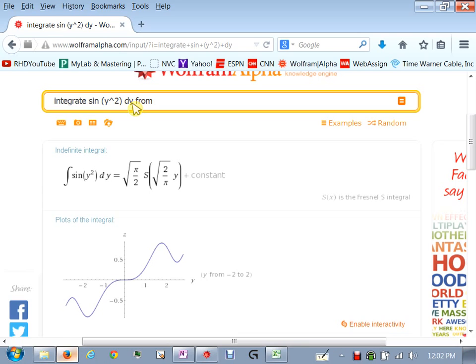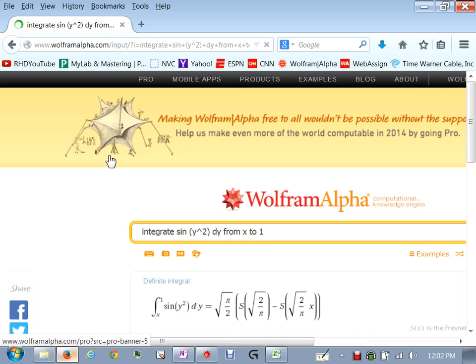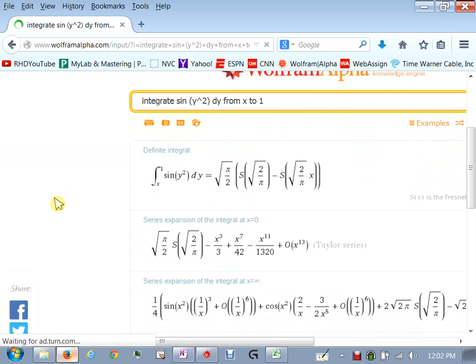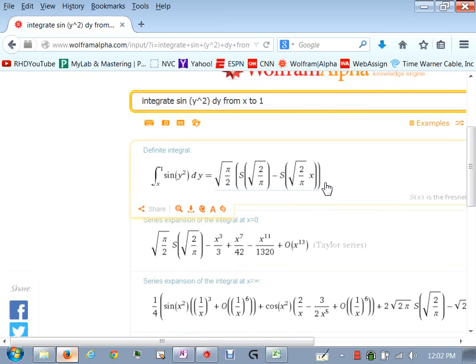From, was it x to 1? From y, from x to 1. Let me just see what it does with that. I think it's really going to have a problem with that. No, it did something here.